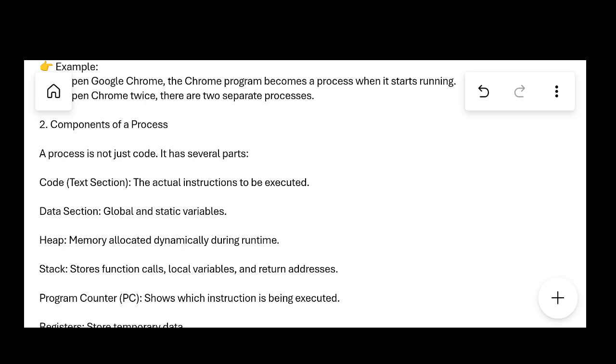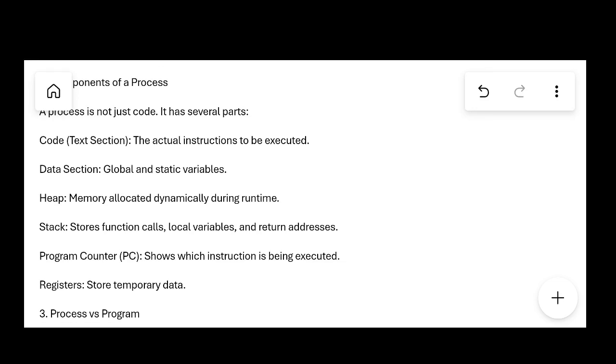Okay, stack stores local variables, function calls and return addresses. Program counter keeps track of the current instruction. Okay, and registers, CPU registers hold temporary data for processing. Okay, so process is a complete package of a program, memory and execution state.